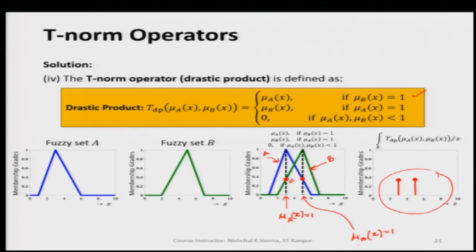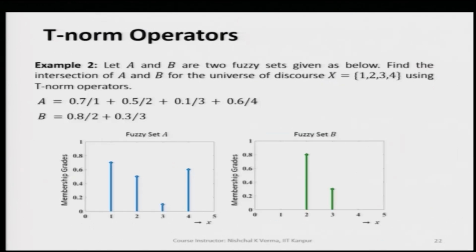Let us take another example where we are taking the discrete fuzzy sets A and B, represented by the discrete points.